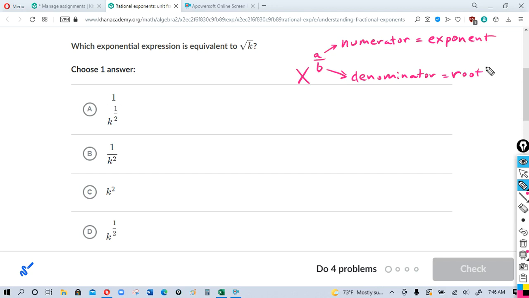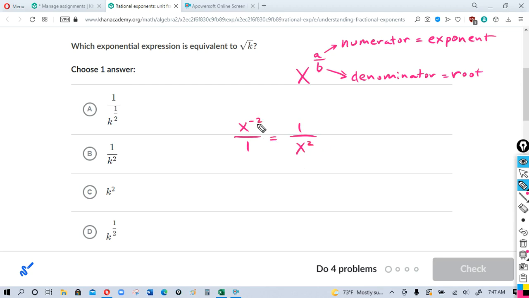And just one other thing you want to know. Let's say you have x to the negative 2. And that's the same as x to the negative 2 over 1 if you wanted to make it a fraction. You can shift this whole thing into the denominator and simply change the plus minus sign on the exponent. So this right here is the same as 1 over x squared.